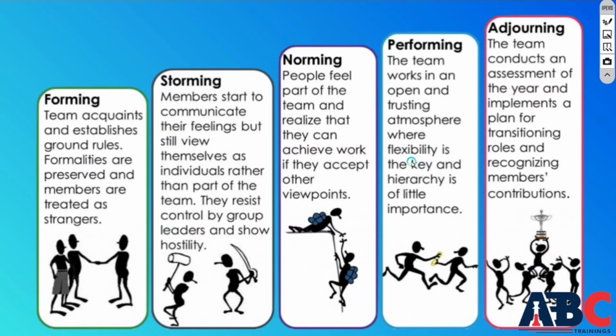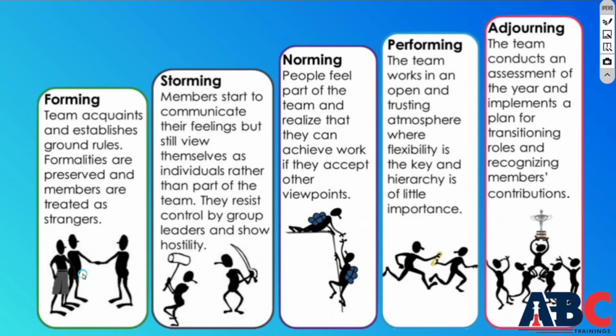After that comes storming. What does storming mean? Members start communicating with each other in this stage. They start considering each other, but everyone has different thoughts. They want to be individual within the team. So they resist.